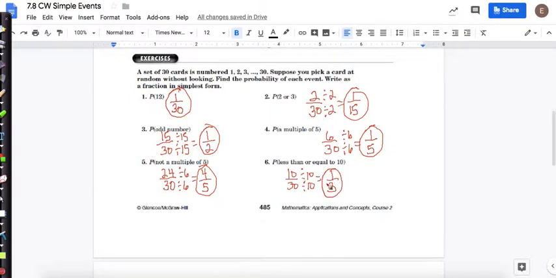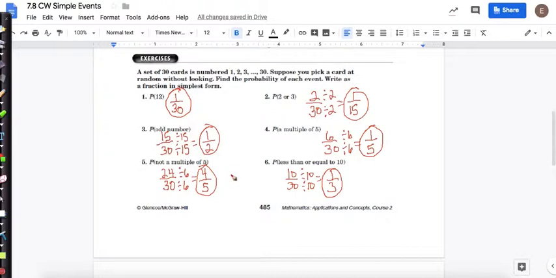Now, we've talked about what a multiple is. We've talked about odd number. Remember, even number is anything that ends in 2, 4, 6, 8, or 10. Okay? And I'm going to remind you of a couple other things, and I'm also going to attach the definitions to your packet so that if you have to look up what one of these words mean, you can. So another word I want to talk about is factor.